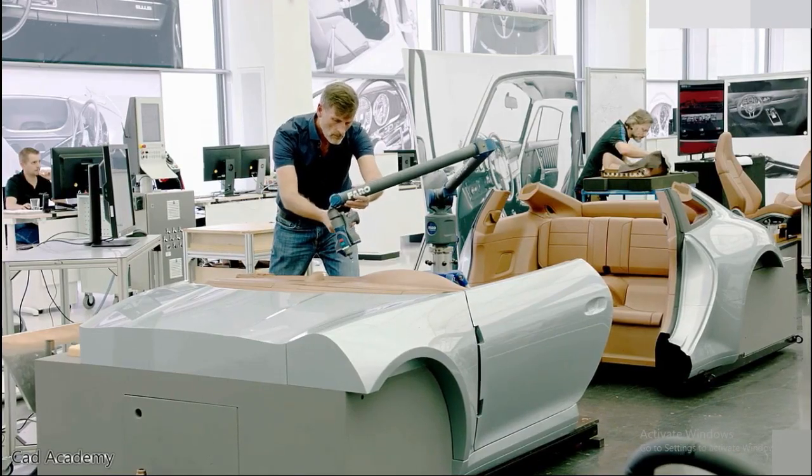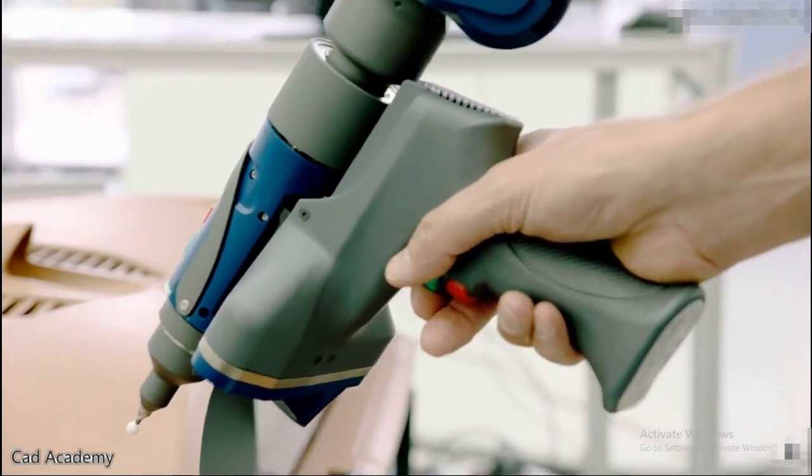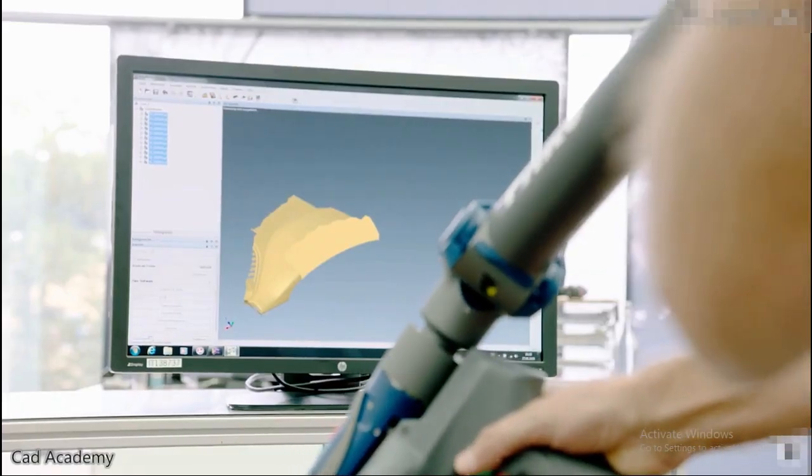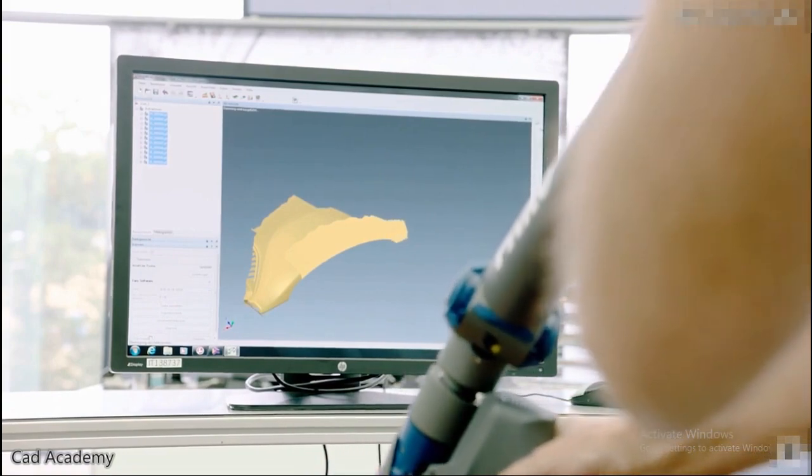In this step, the 1:1 car model is scanned by a 3D scanner. The scan file is a combination of various meshes.